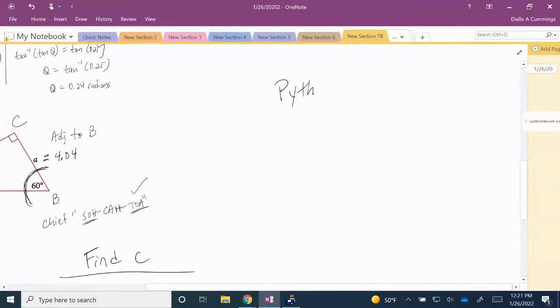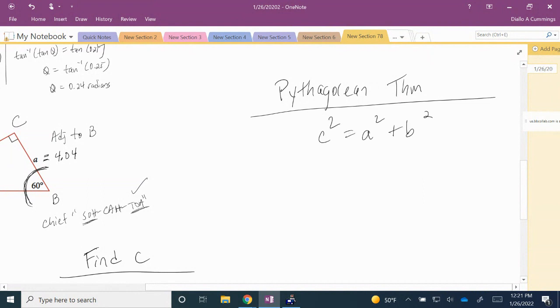So the Pythagorean theorem, in all its glory: C squared is equal to A squared plus B squared. But you never really find C squared, A squared, B squared. You only find C, A, and B. So I can take this Pythagorean theorem and solve it for C. I would just take the square root of both sides. So C is equal to the square root of A squared plus B squared.